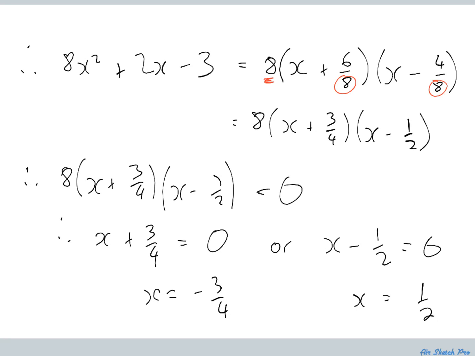How's that? So by using, it's got a few different names, but I think the most common one I've seen is the AC method, because you're multiplying A and C together. By utilising this method, you actually get really nice, straightforward solutions for x when you need them, especially if they're fractions.